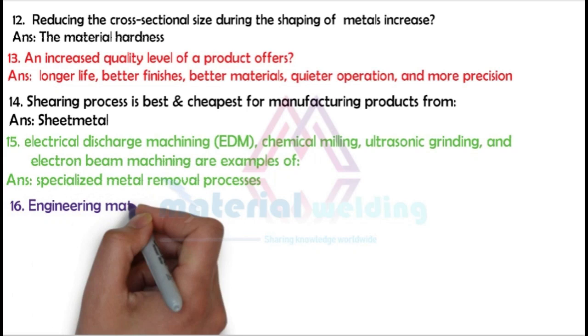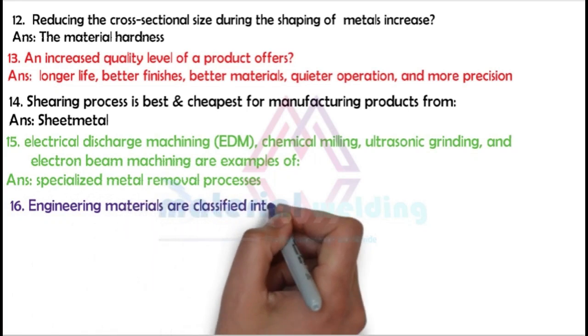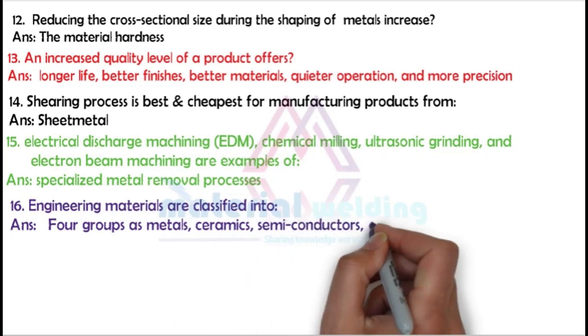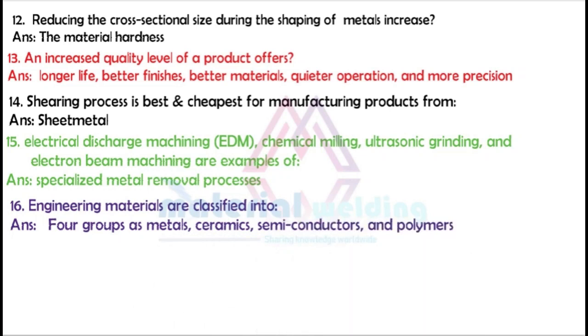Next, engineering materials are classified into how many groups? Engineering materials are classified into 4 groups: metals, ceramics, semiconductors and polymers.